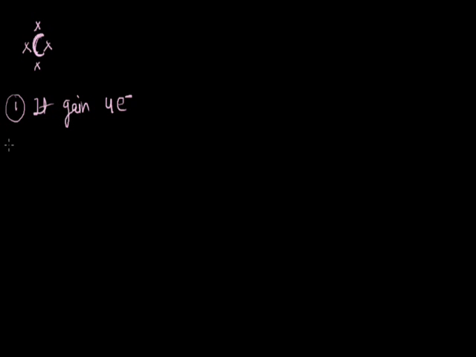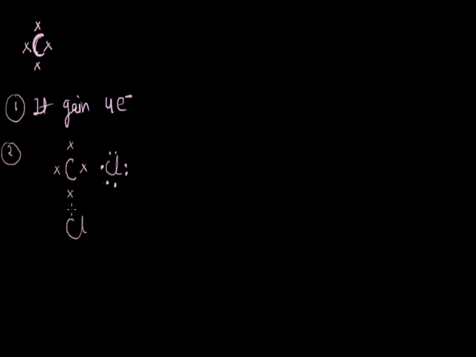Now in the second way, in order to complete the octet, or 8 electrons in the last orbit, carbon shares its 4 electrons with other atoms. Like carbon with 4 electrons shares with Cl, Cl having 7 electrons in the last orbit. These 7 dots represent the 7 valence electrons of Cl.